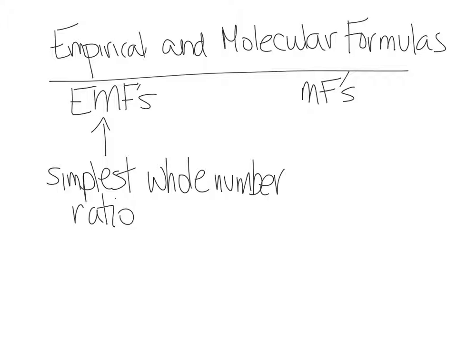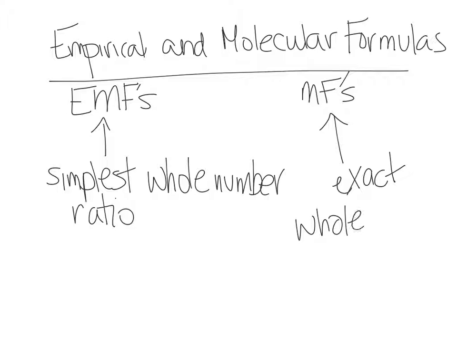It's called an empirical formula as we get this information from an experiment. So empirical evidence. The empirical formula is often different than the molecular formula for the entire compound. So the molecular formula gives you the exact whole number ratio of atoms.